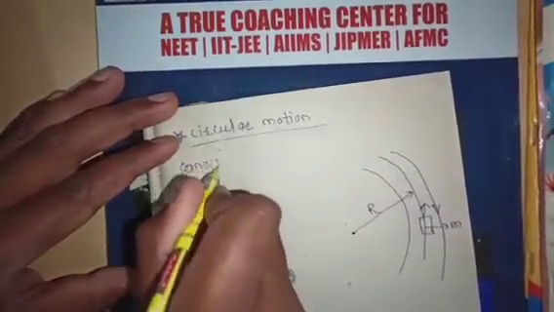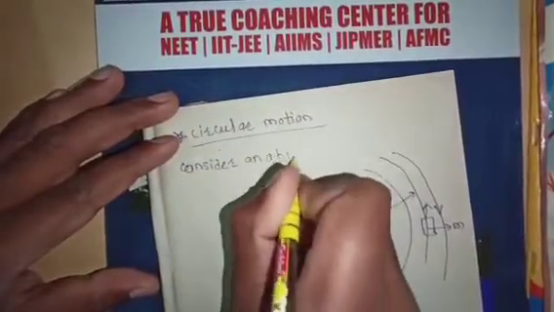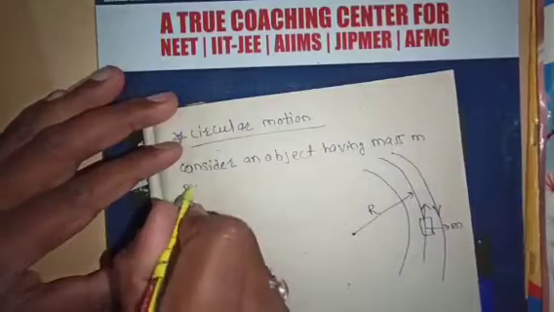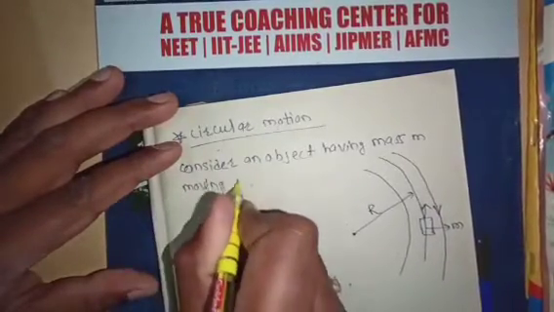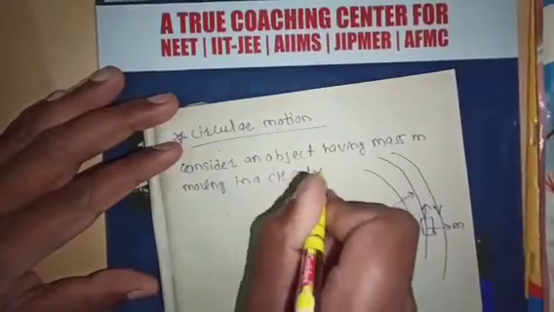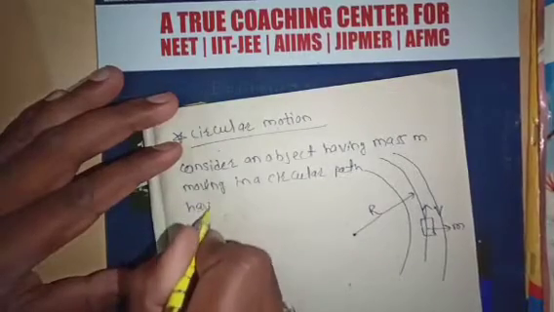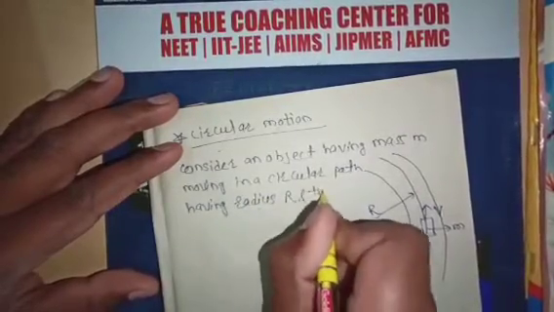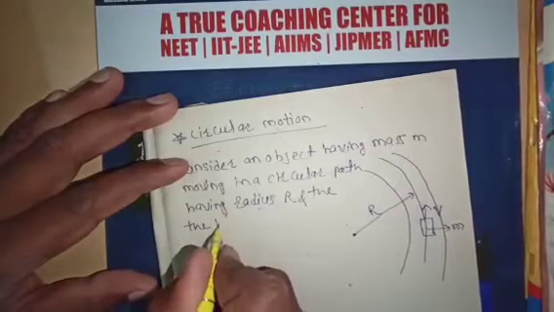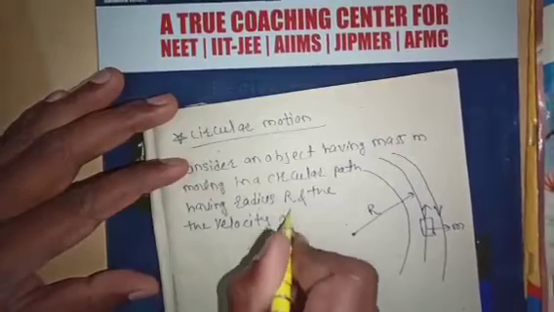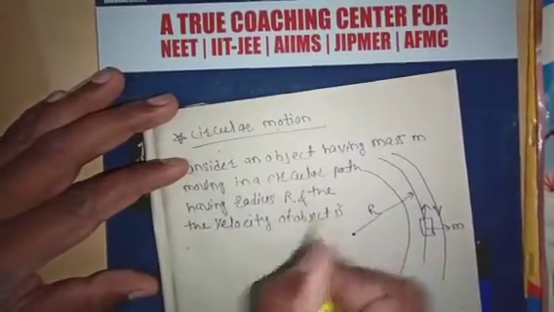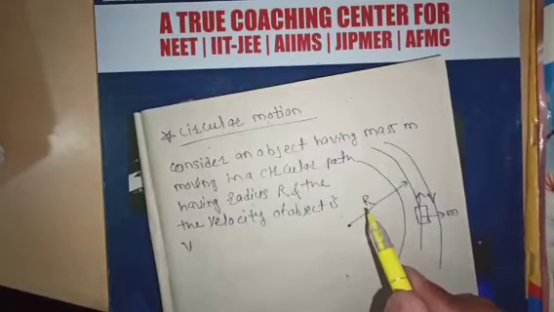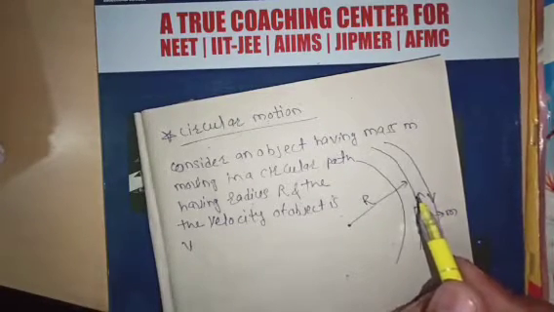Now consider an object having mass m moving in a circular path having a radius r, and the velocity of the object is v.